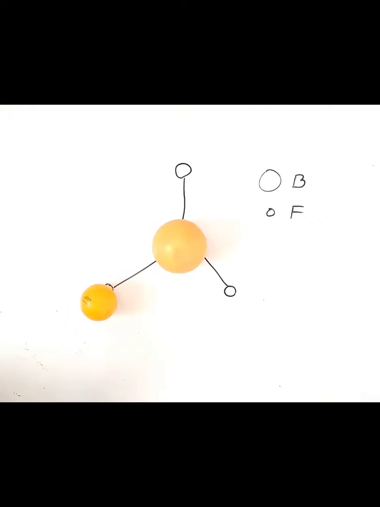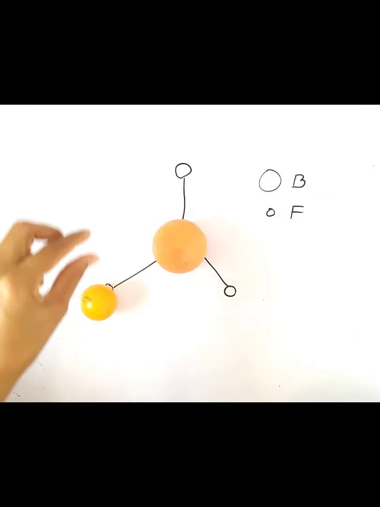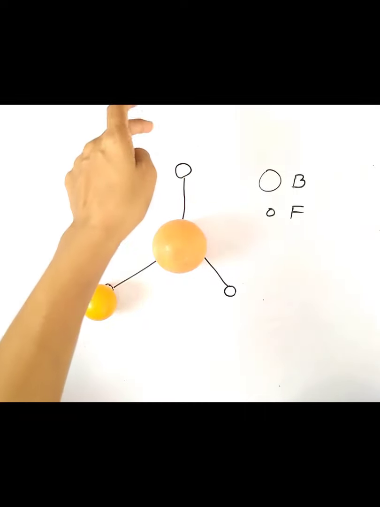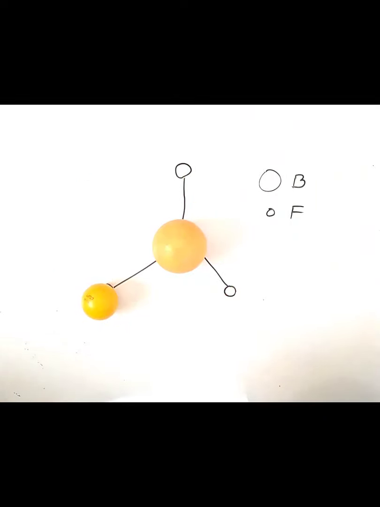For the sake of understanding, I have tried to make these 2 atoms. This larger one is the boron atom, this is the fluorine, and you have to imagine 2 more fluorine atoms are present over here.